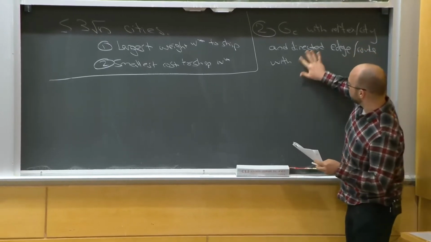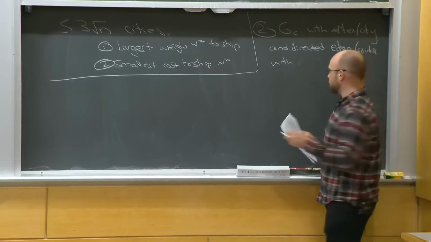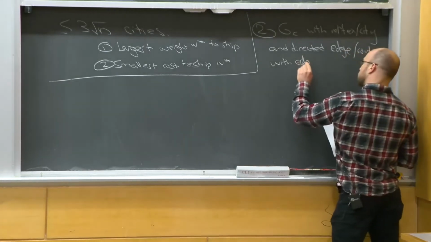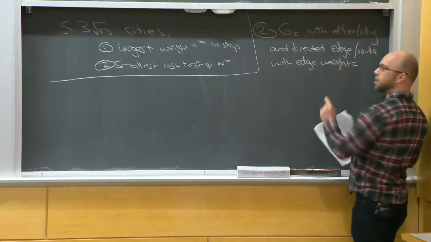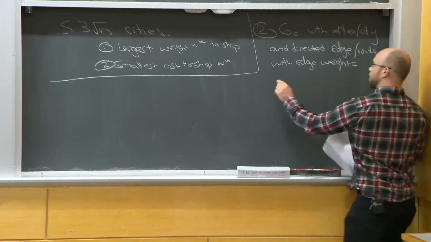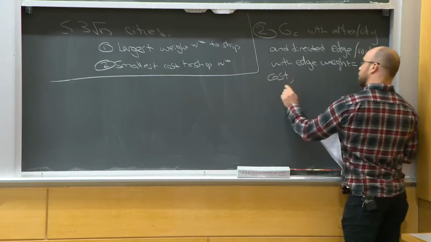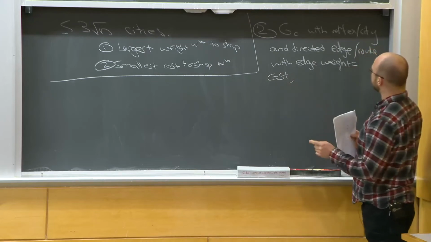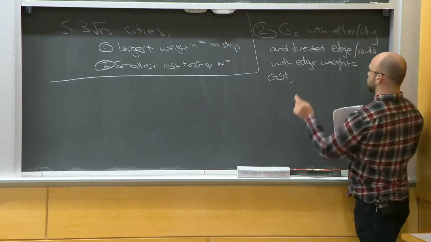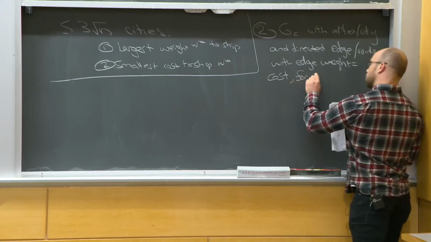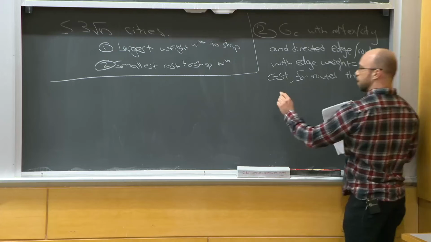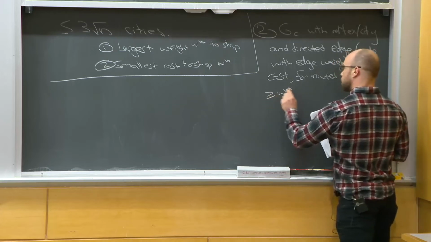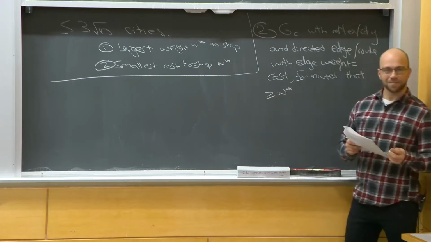I'm going to say edge weight to refer to the edge weight in my graph. And that's going to be equal to the cost of the edge. But only for routes that can carry at least W star amount of weight.